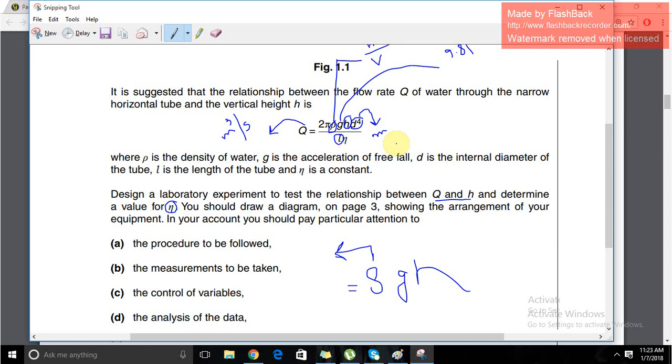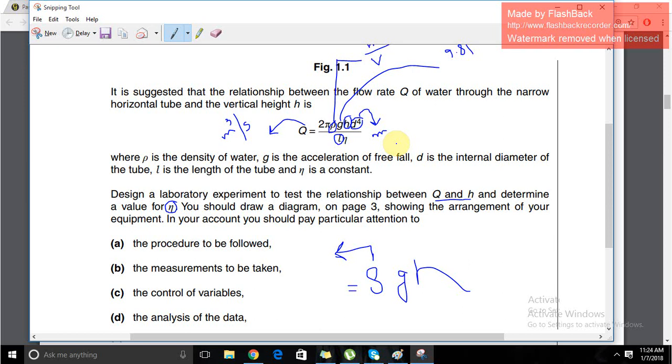Density is mass over volume. You get the answer. Use a ruler to measure the length. You'll have to take the narrow tube out of the setup in order to get the complete length, and you need a vernier caliper for the diameter, and you need to take it at the beginning and at the other end multiple times and average it out.